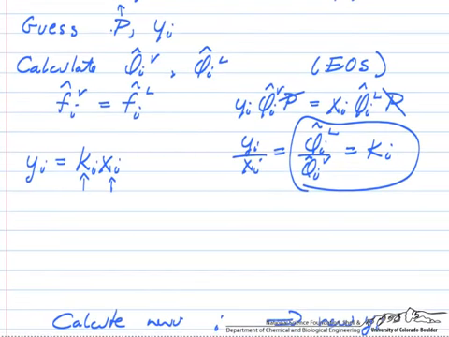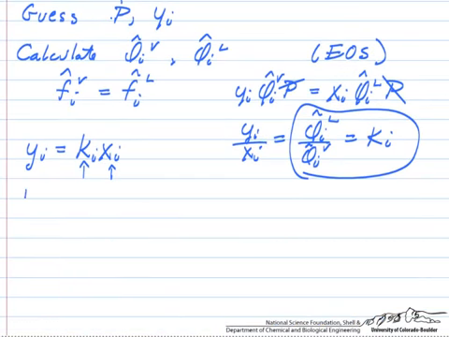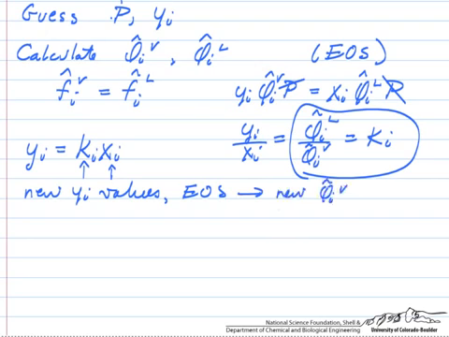So we could use the new yi values, go back to the equation of state, and therefore get new fugacity coefficients. However, before we do that, what we would do here is normalize.